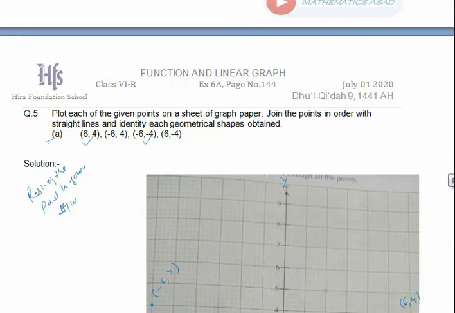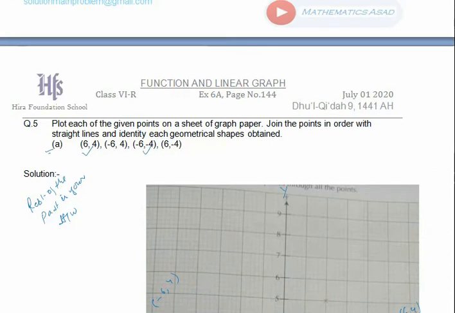Now they are all joined with straight lines. The question says to plot each of the given points on a sheet of graph paper and join the points in order with straight lines.